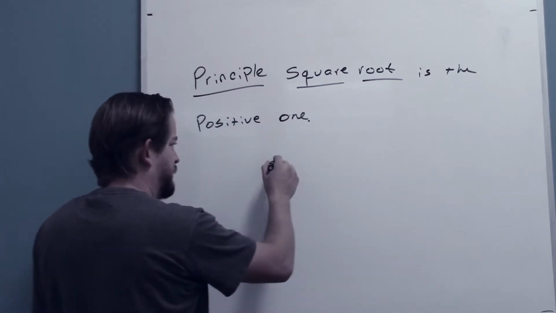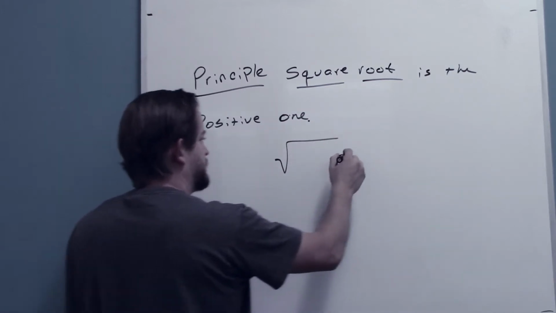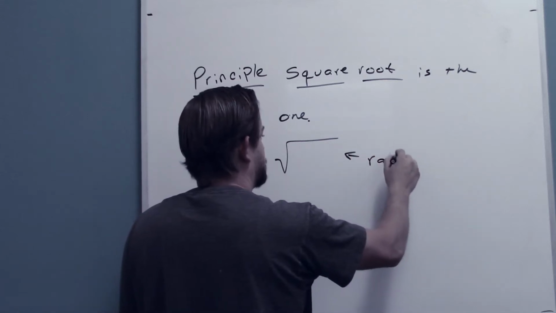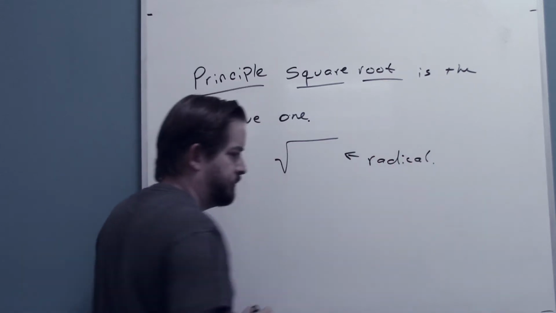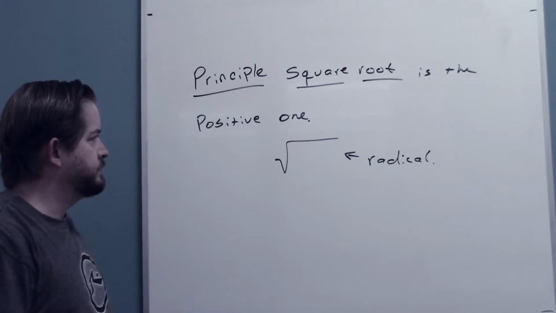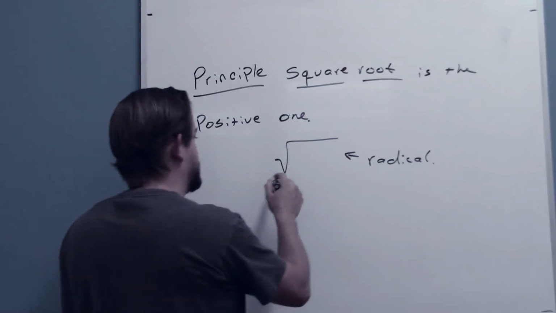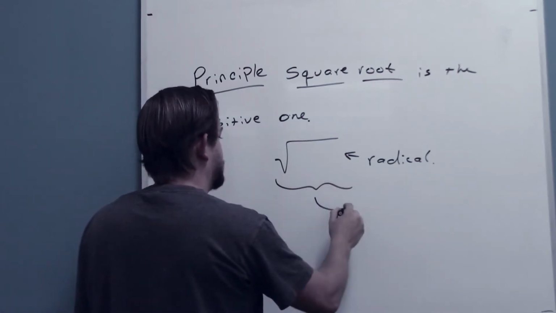Now we indicate that with the radical symbol. This symbol is called the radical, and it means the principal square root.